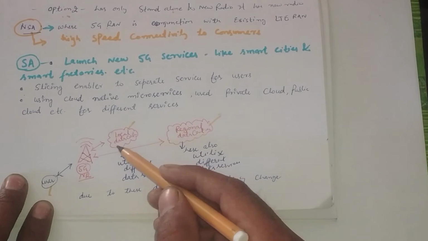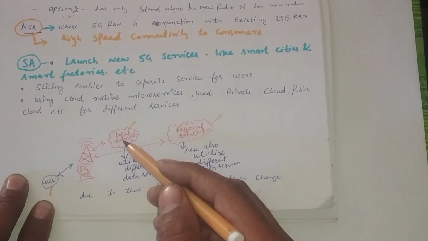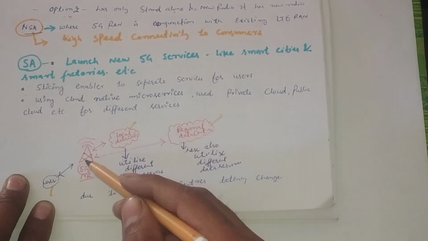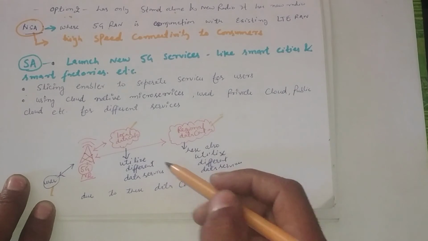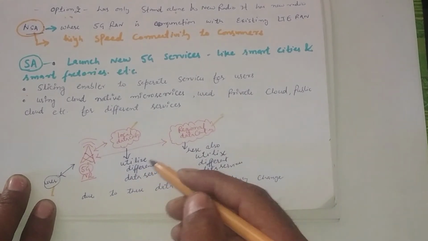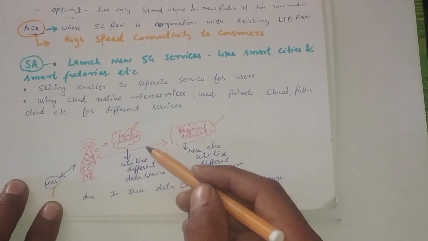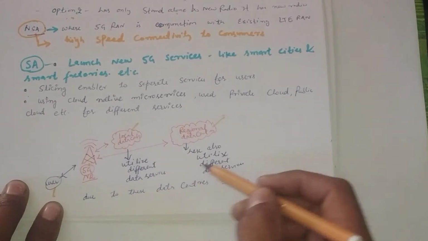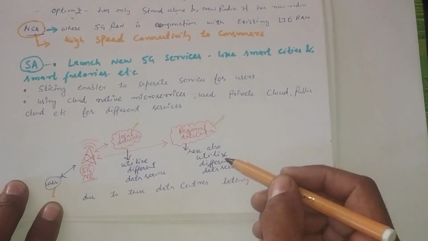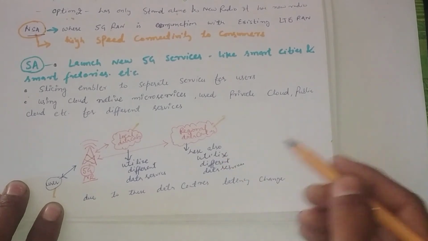When communication is possible between the local data center and the base station, as well as the base station with the regional data center, the latency changes between them. And here the local data center utilizes different data services for different users. Here the regional data center also utilizes different services for different data users, but at the gateway time.